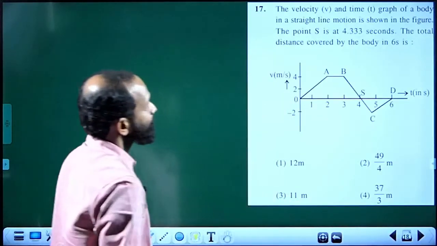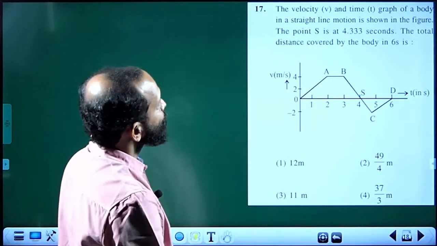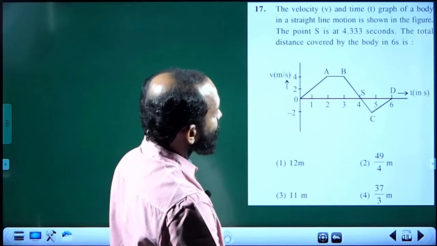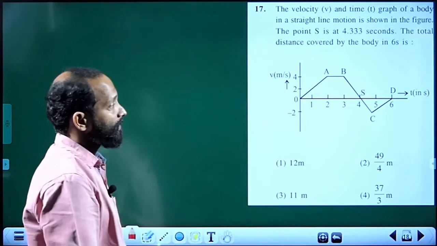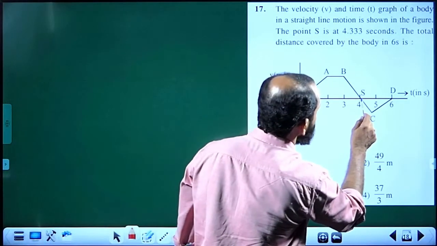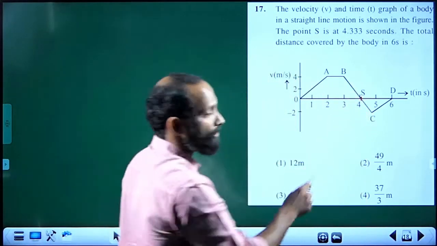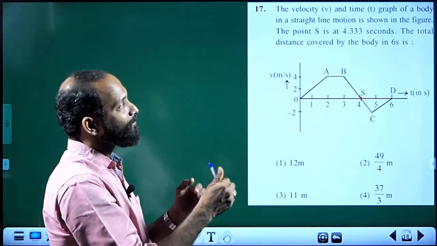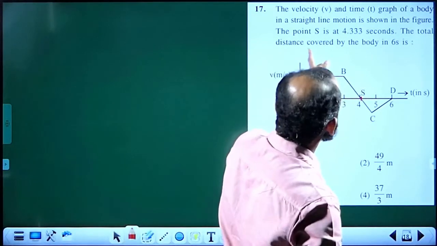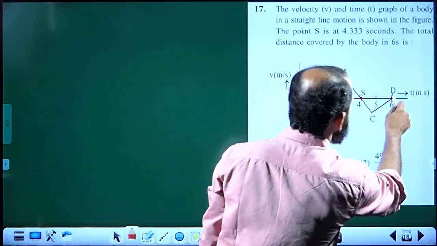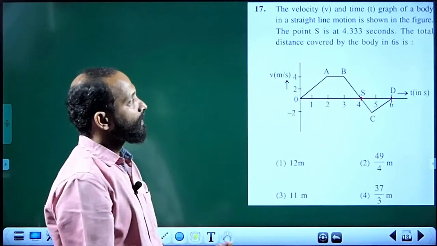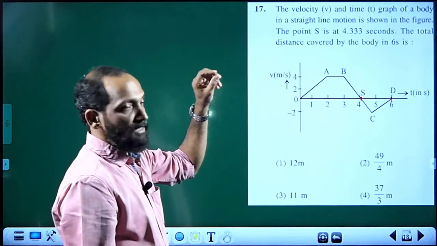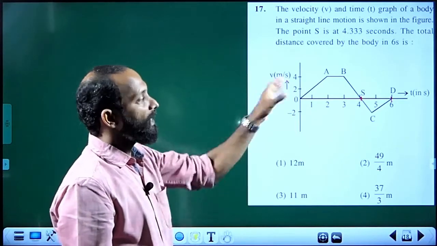Next one, the velocity time graph of a body in straight line motion is shown in the figure. Point S is at 4.333 seconds. It is not at 4, slightly more than 4. That is very important here. The total distance covered by the body in 6 seconds. We know the total distance from a velocity time graph is the numerical sum of areas.